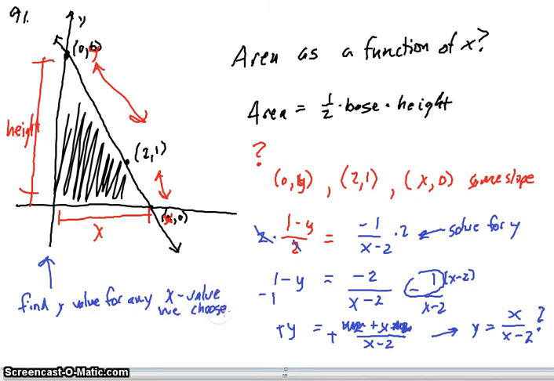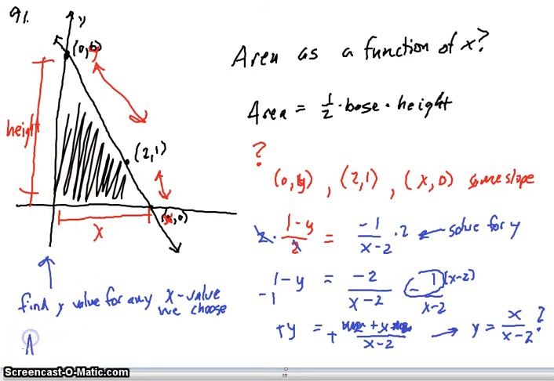So now it doesn't matter which x value we choose, wherever it is, we know what the y value is going to be with it. Okay? This is the relationship between the two. And the y corresponds to the height of the triangle, because that's how far up the triangle goes.